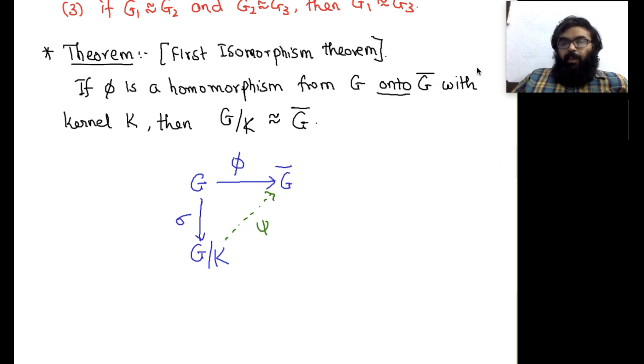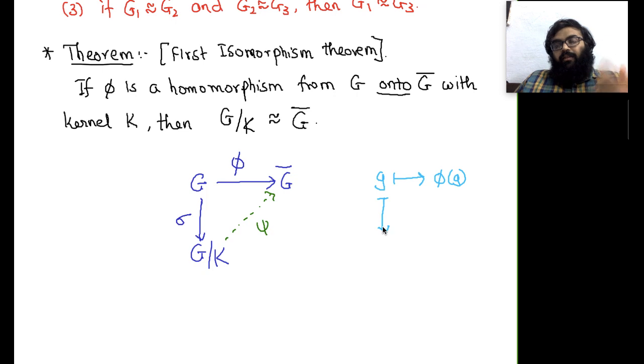And what will be this map? So suppose I take an element g of G, then phi is defined as g mapped to phi of g. And how is sigma defined? G to G quotient K. So G to G quotient N, we know N is a normal subgroup, there is a homomorphism from G to G quotient N defined by x going to Nx.